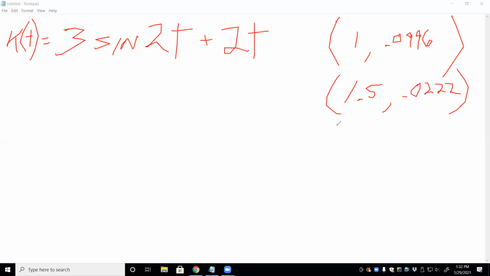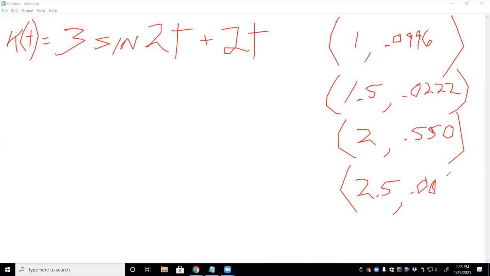Then 2 comma 0.0550. And then 2.5 and 0.0011. Technically, the way this question looks, Mr. Cohen, this is 1 sub c, and it actually only gives you the equation, so I wasn't sure.